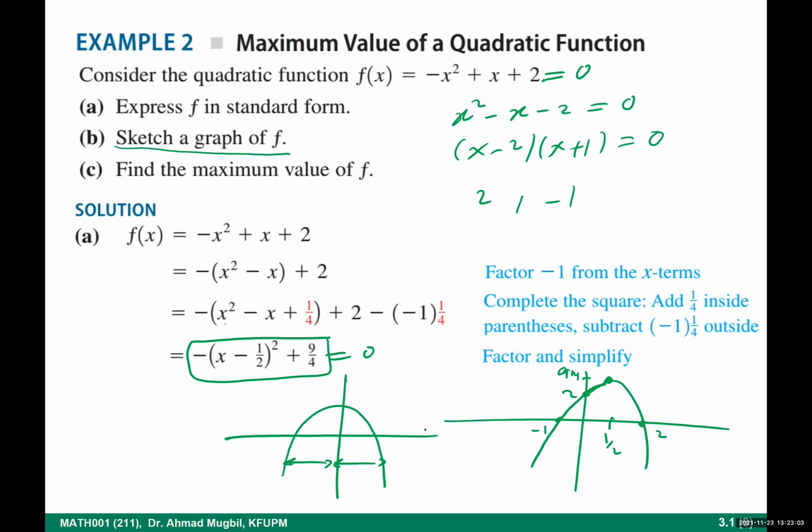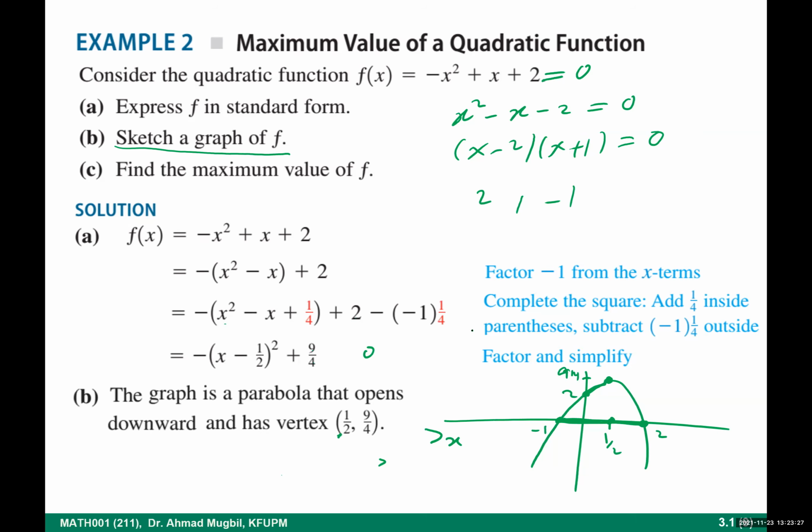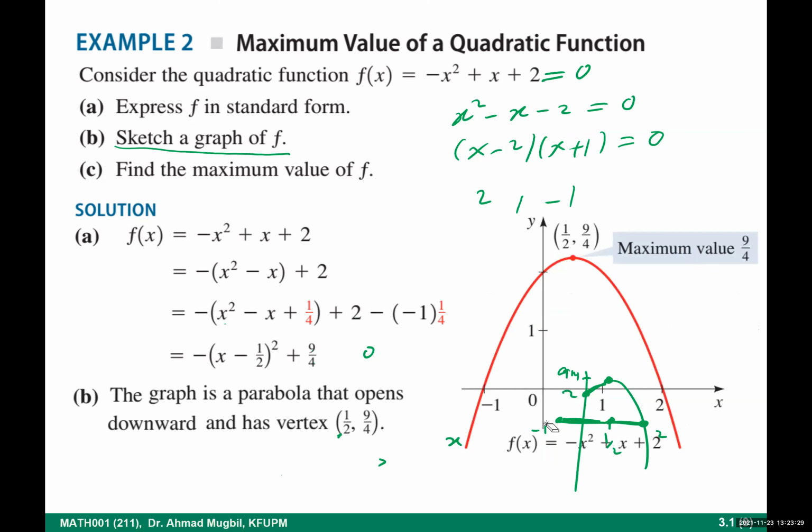If this is the x-axis, you know that this is 2 and this is a half. So what is the distance from 2 to a half? 3/2. Go also to the left 3/2, and you will get the next x-intercept. Excellent. Now we sketch the graph, and this is the graph in a better way.